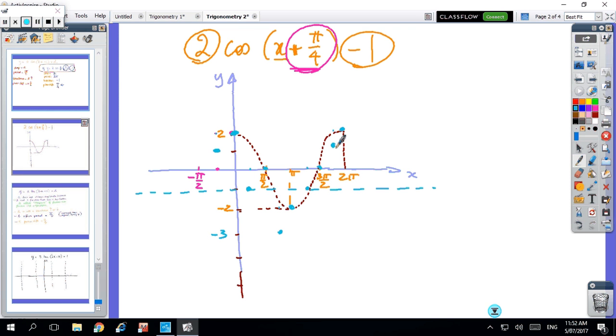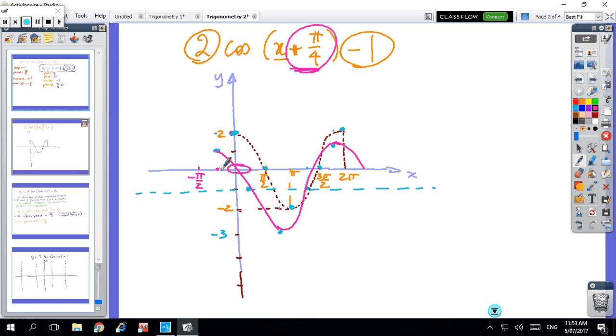Okay, so let's see if I can draw that together. Up and into there, and then just keep the symmetry going. So it's going to go through there.